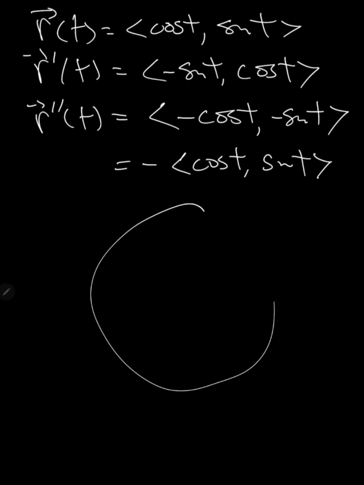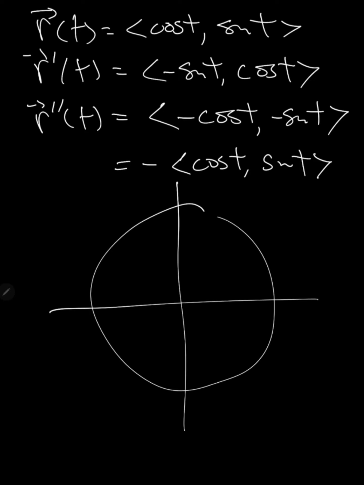And that makes perfect sense because if your position is here, your velocity is there, tangent. And what's keeping this particle from moving in a straight line? It's the acceleration that's changing the velocity, and it's always pulling this guy towards the center.